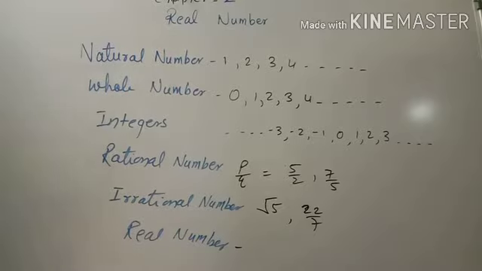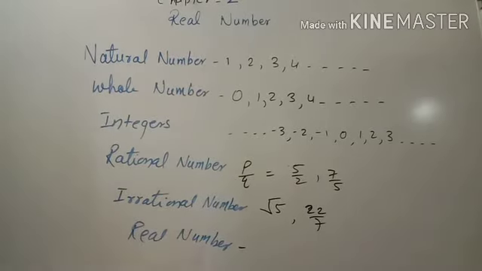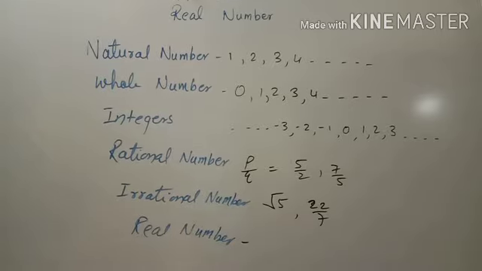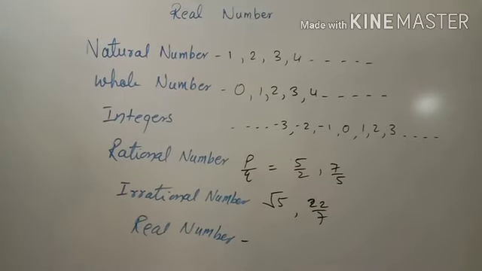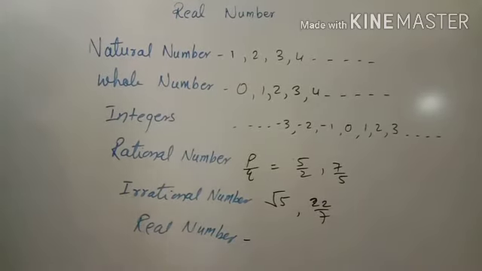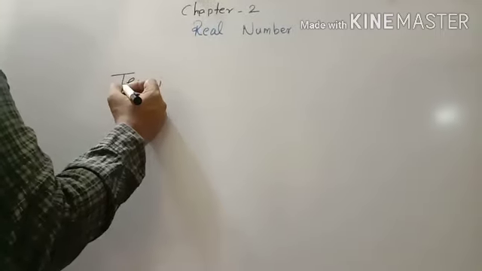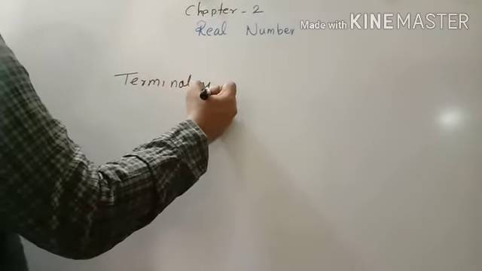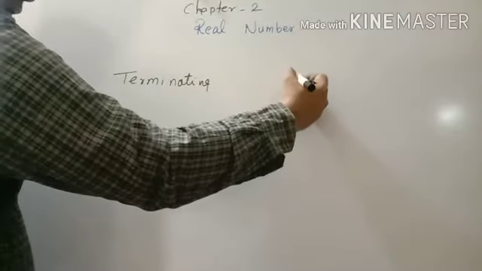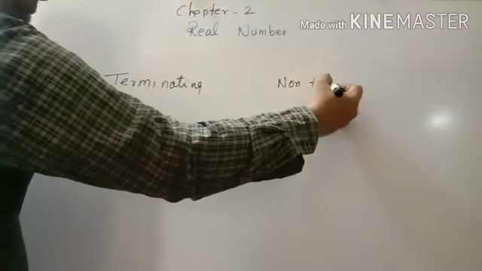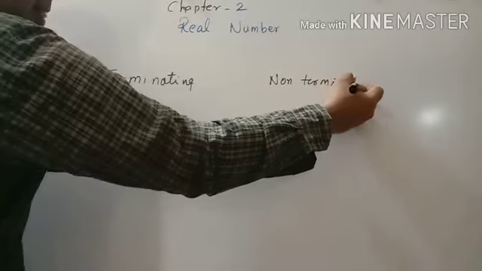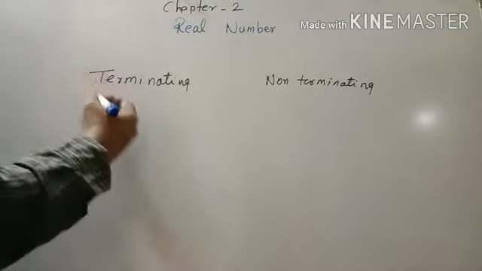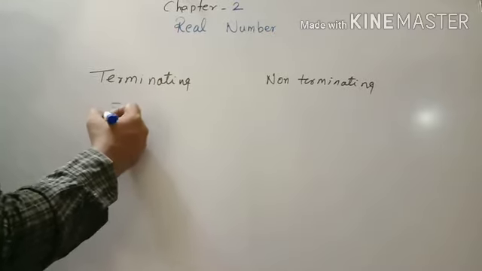So students, in exercise 2.1 we are going to solve the sums and decide whether it is terminating or non-terminating. What do you mean by terminating? There are two types of number: terminating and non-terminating. What is terminating? Suppose here I write 5 upon 2.